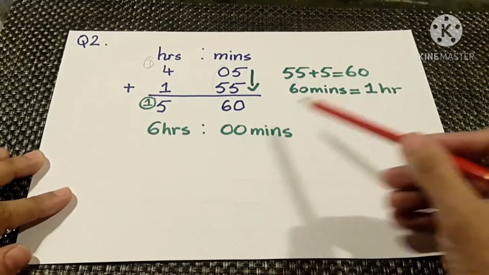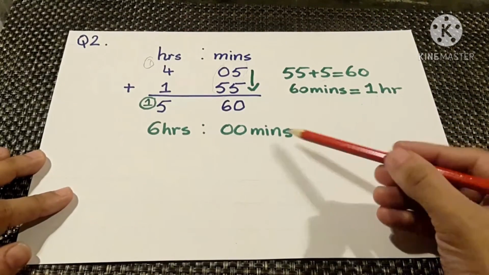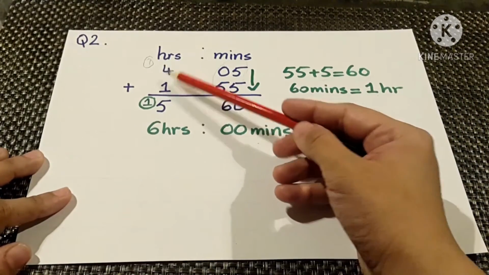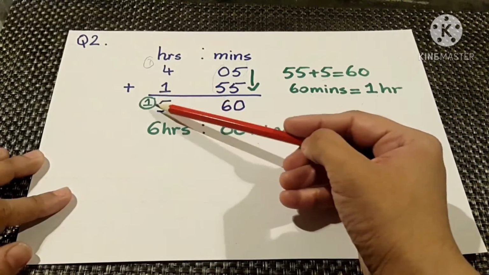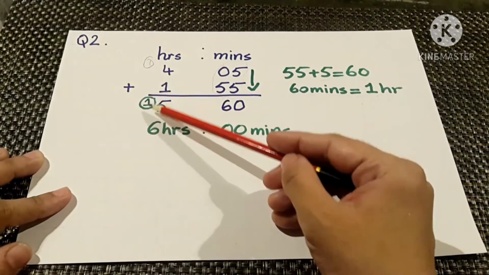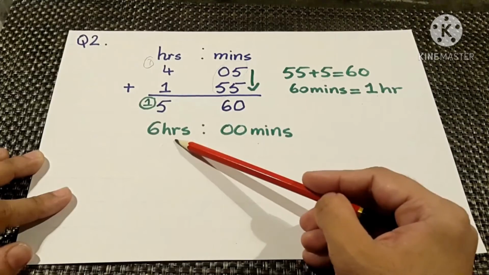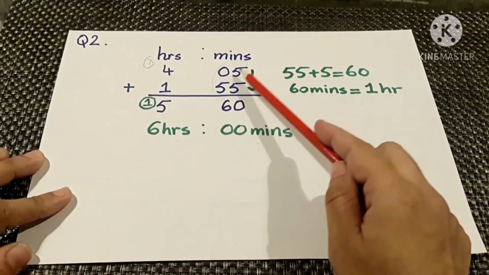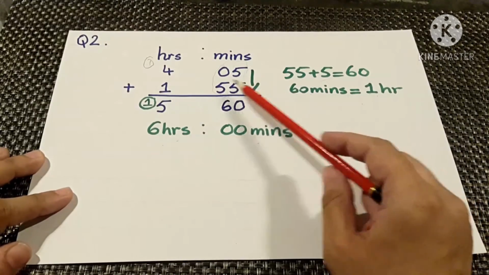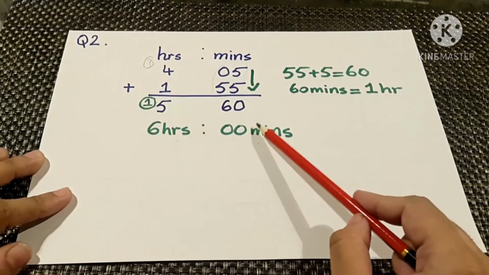And we are left behind with 0 minutes. Now the minutes are 0. Whereas at hours we will add them. 4 plus 1 is 5. And this 1 hour, as we have given to it, it will become 6 hours. So 4 hours and 5 minutes plus 1 hour and 55 minutes is actually 6 hours and 0 minutes.